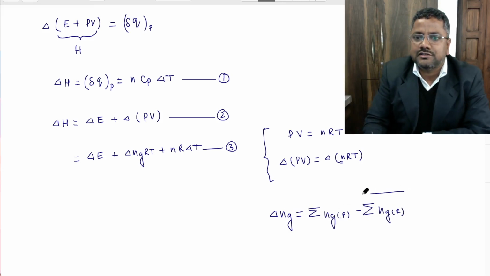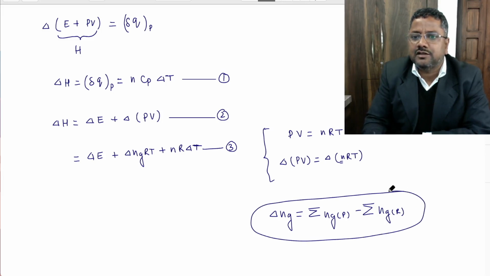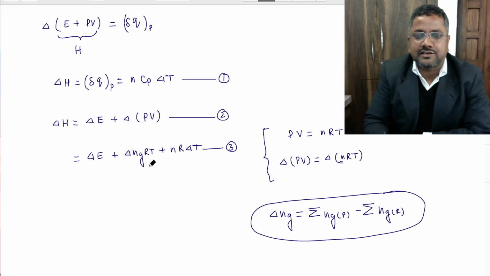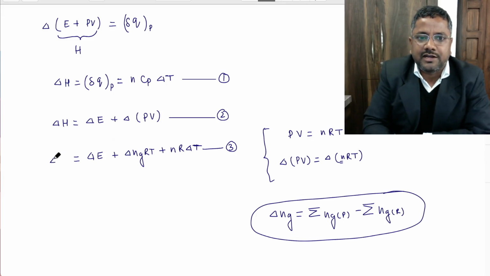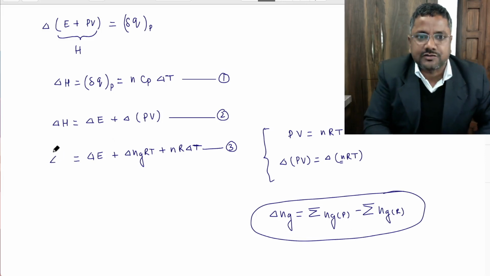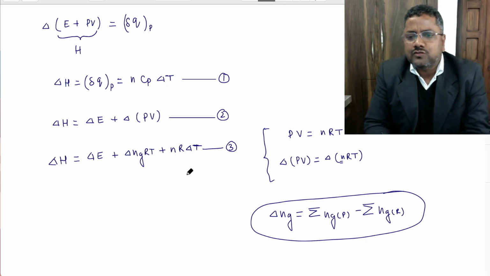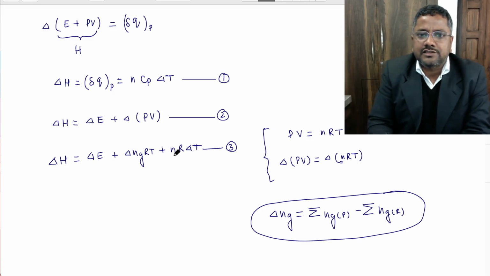So you can evaluate delta Ng for any gaseous reaction, and you can evaluate delta H for that reaction if delta E is given, or delta E if delta H is given. See, usually constant temperature condition is given for gaseous chemical reactions, so this term is 0.